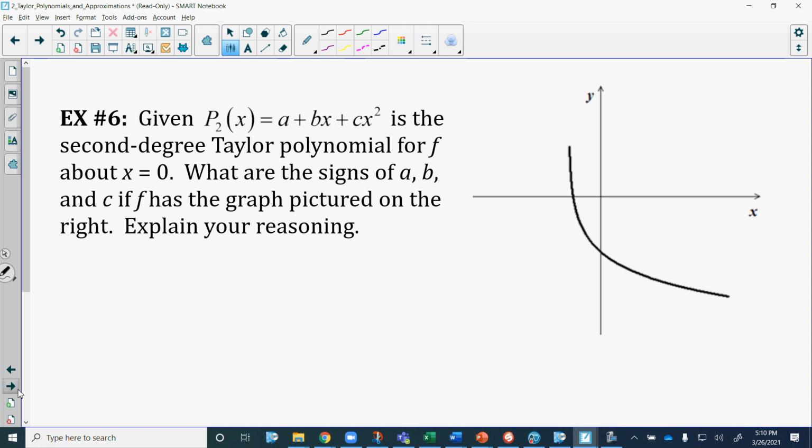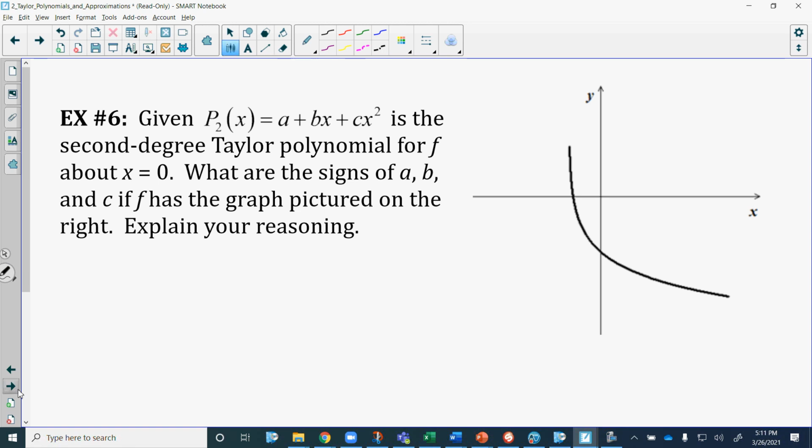So here, given P_2 of x, a second degree polynomial, that's what the subscript of 2 is, equal to a plus bx plus cx squared, is a second degree Taylor polynomial for f about 0, so it's still centered at 0. What are the signs of a, b, and c if the function has a graph pictured on the right?